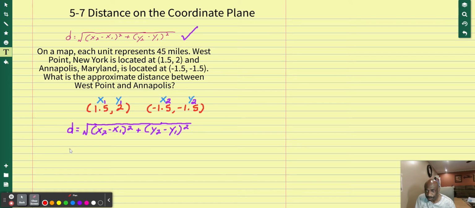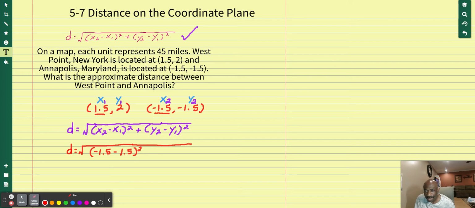Let's keep going. So what I want us to do here to find the distance, D is for distance, is to plug in our numbers. X2 is right here. All right, so let's go ahead and draw that again. X2 is negative 1.5 minus X1, which is 1.5.